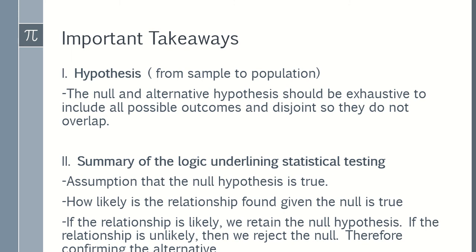In terms of the logic governing statistical testing, we always start by assuming that there is no relationship between the variables. We then use the p-value to determine how likely the correlation coefficient is given the null is true. If the relationship is unlikely, then we reject the null, therefore confirming the alternative.